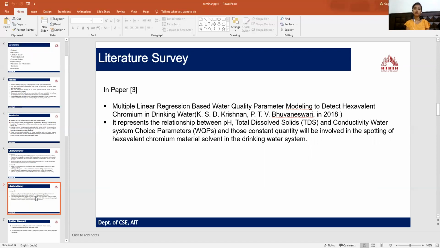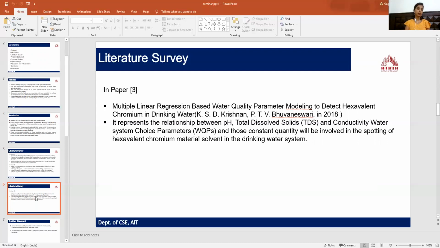And those parameters will be involved in spotting the hexavalent chromium in drinking water. This paper deals with drinking water, whether it contains hexavalent chromium in it.